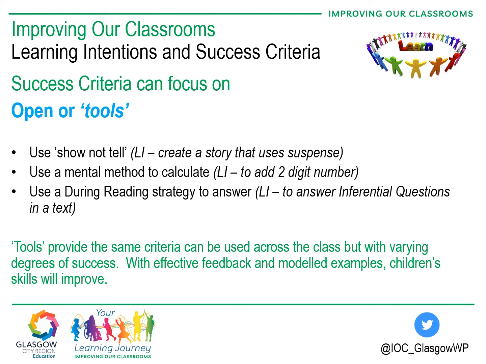Other areas that the success criteria could cover might be varying the length of sentences or varying the use of sophisticated punctuation and so on. With that feedback, with model examples, children's skills will improve through this form of success criteria, and it should be carefully considered at the planning stage, again to support children's learning.